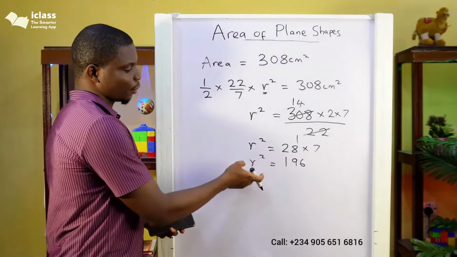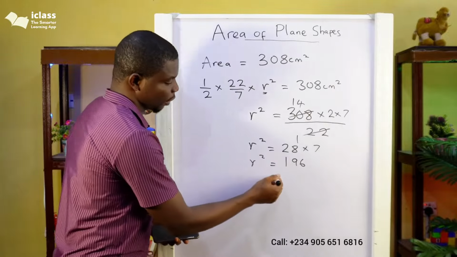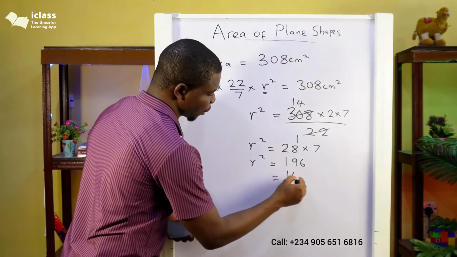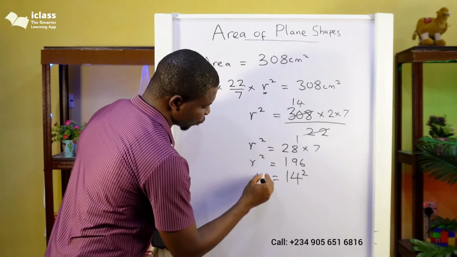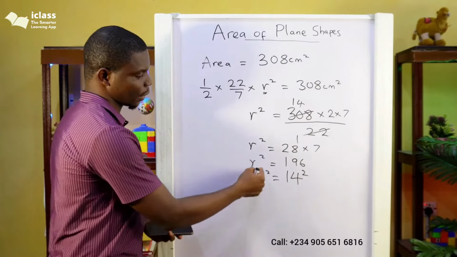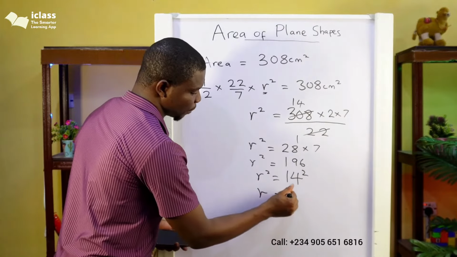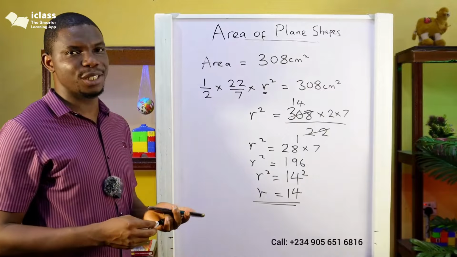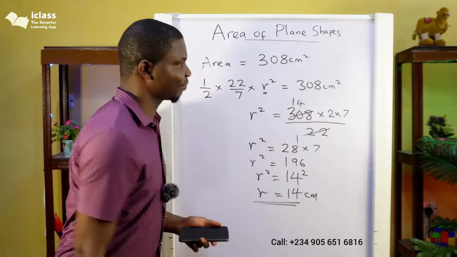So to get r, we can express 196 as a square. 196 is the same as 14 times 14, which is 14 squared. So r squared is equal to 14 squared. Since the powers are the same, the bases have to be the same. So we say r is simply equal to 14. So the radius of this semicircle is 14 centimeters.